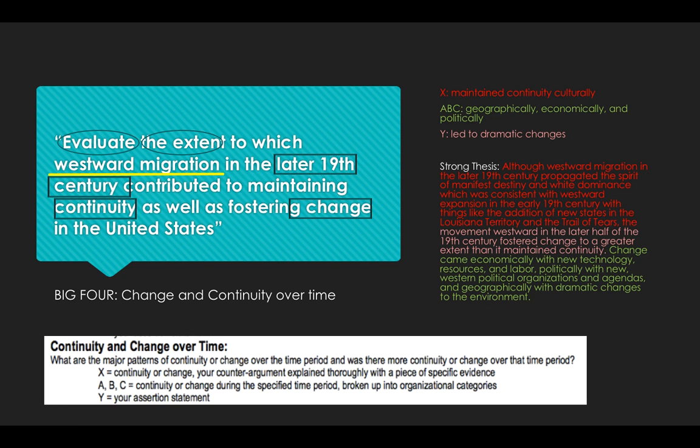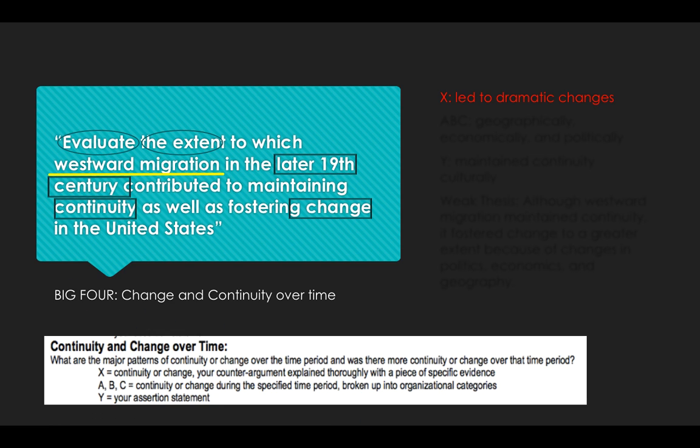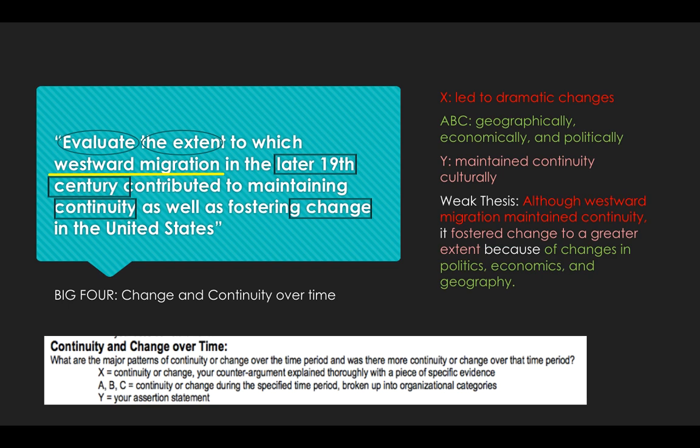Let's take a look at a pretty weak thesis. So we're going to focus on the same question, okay, and the same argument. But the weak thesis: although westward migration maintained continuity, it fostered change to a greater extent because of changes in politics, economics, and geography. Okay?